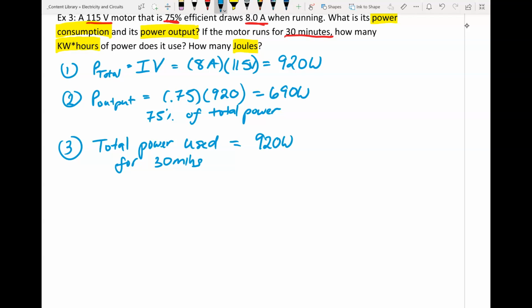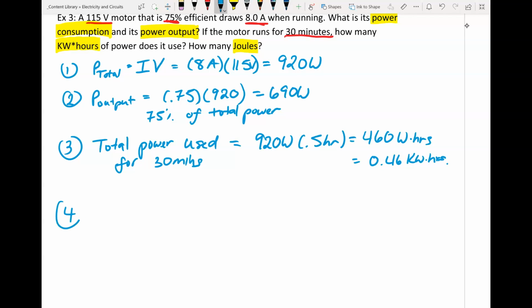But because we're looking for 30 minutes, which is equivalent to half an hour, then I can just multiply this by 0.5 of an hour and would get 460 watt hours. But we also want this in kilowatts. So I have to do that conversion and divide this by 1,000 to get it into kilowatts. So if I divide this by 1,000, we're going to get 0.46 kilowatt hours.